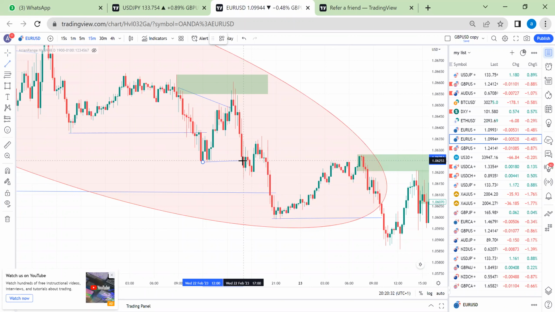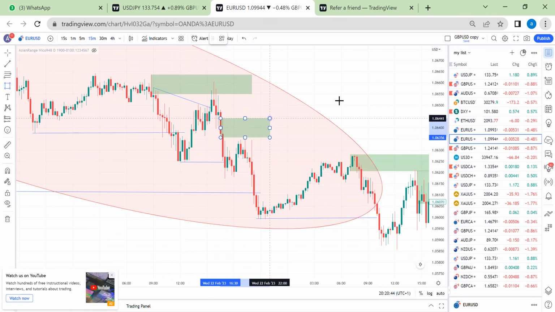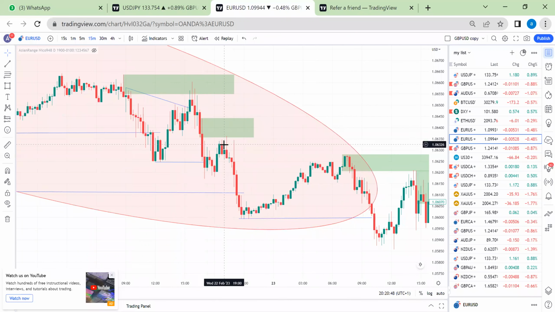We had a break of structure here, and we had a supply zone right here. You see that price just took this little liquidity above here, just this high. It's a form of liquidity. Price tapped on that one to move into the other block.